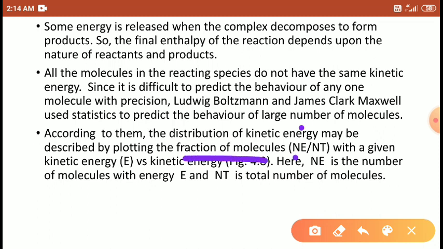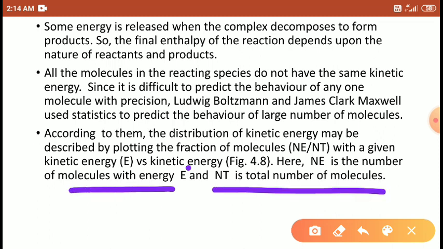They describe the fraction of molecules Ne by Nt. Ne is the number of molecules with a given kinetic energy, and Nt is the total number of molecules.